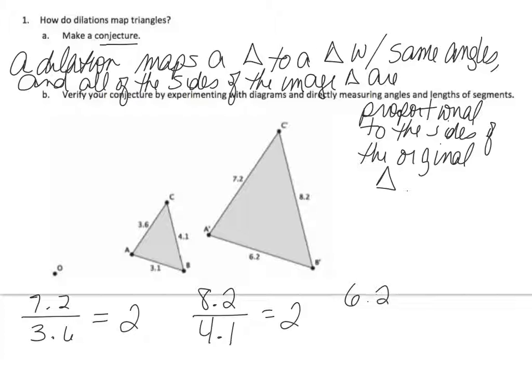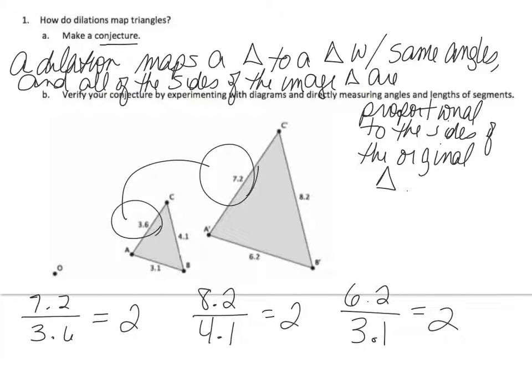Check that last one. That's also 2. And all I did was put this number over that one, etc. Okay, so to verify my conjecture, I drew 2 triangles and I measured the sides, and then I checked that the proportions were correct by dividing the image by the pre-image, or the original.